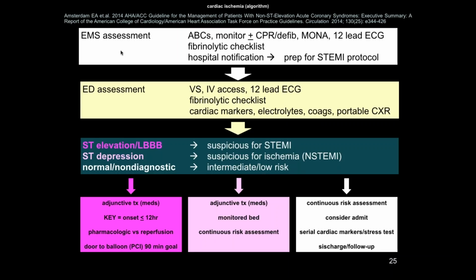So if they have an elevation, that's an MI, and they'll treat them accordingly. If they have a depression, that's ischemia, and they'll treat them accordingly. So if they have an elevation, they go STEMI; depression, they go ischemia type things; and if they have a normal EKG, they'll monitor.